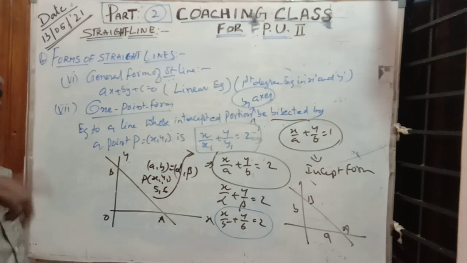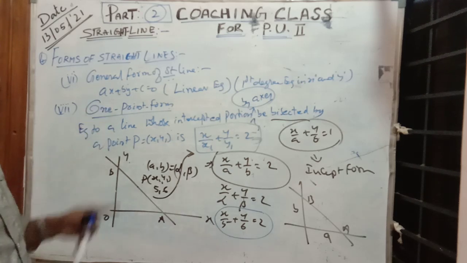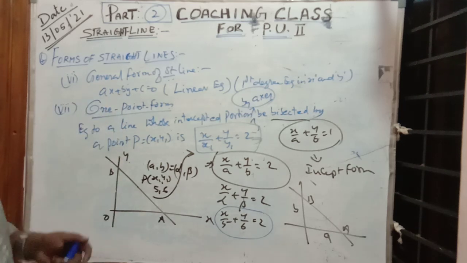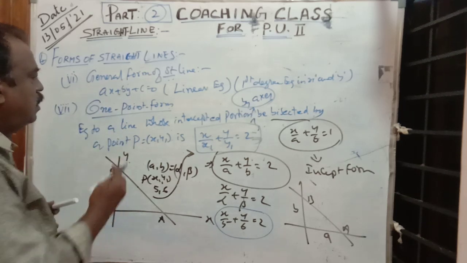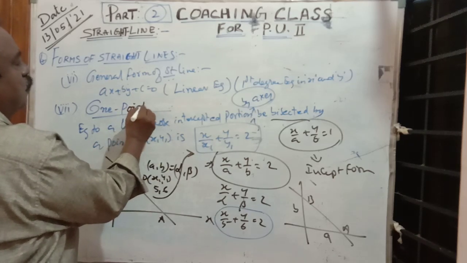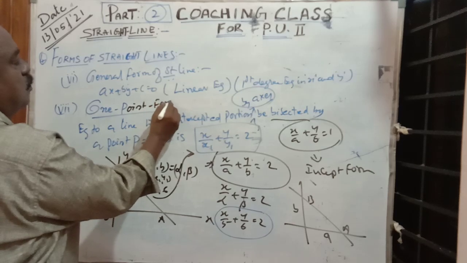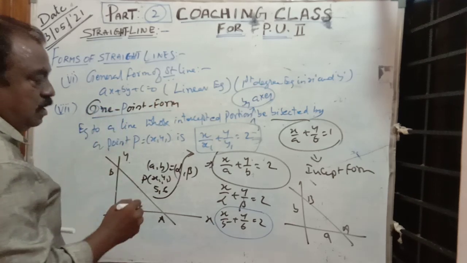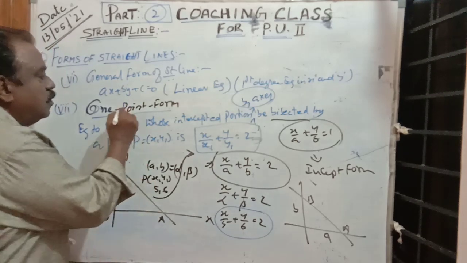Next the normal form and the general form. The last one is the 1-point form, because we are given only 1 point.